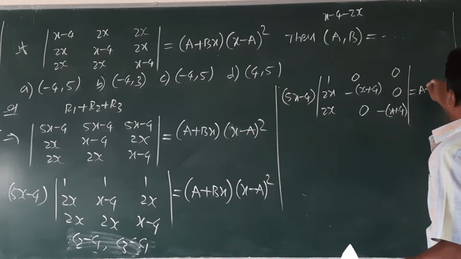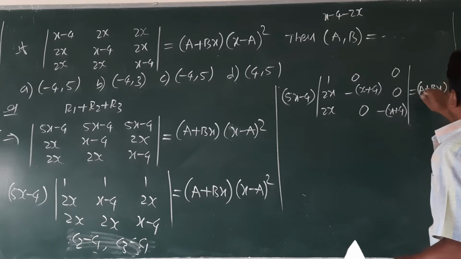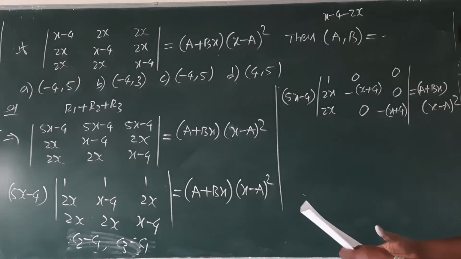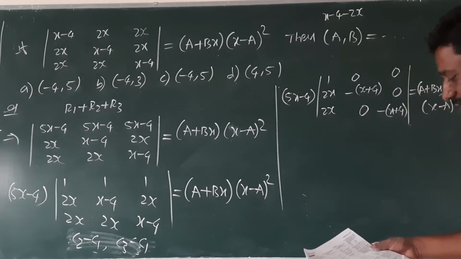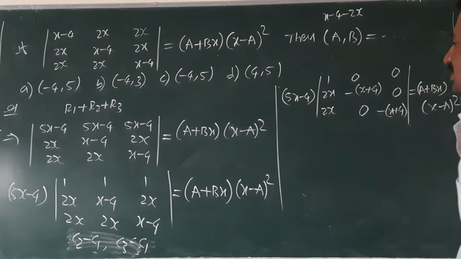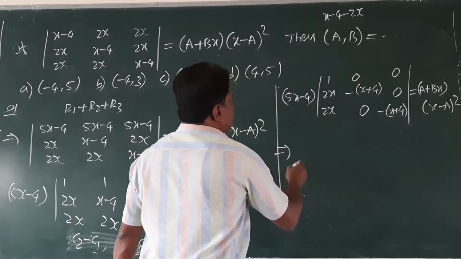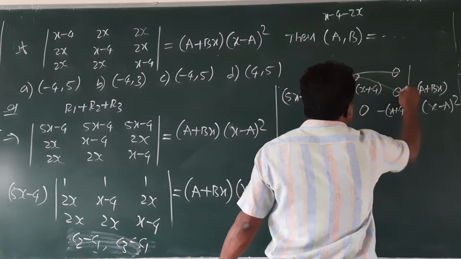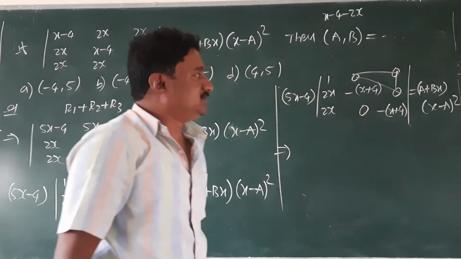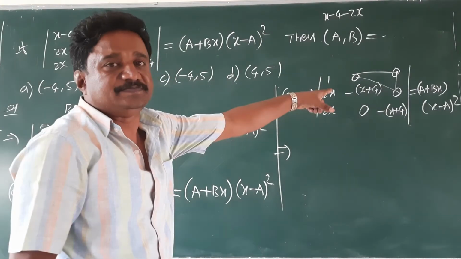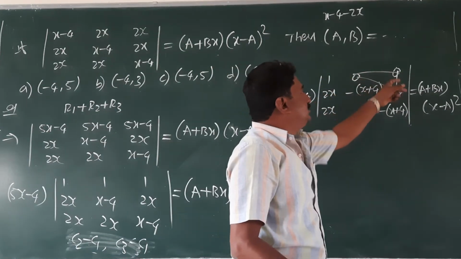(a + bx)(x − a)². So now look at this, students. This implies the triangle is 0.